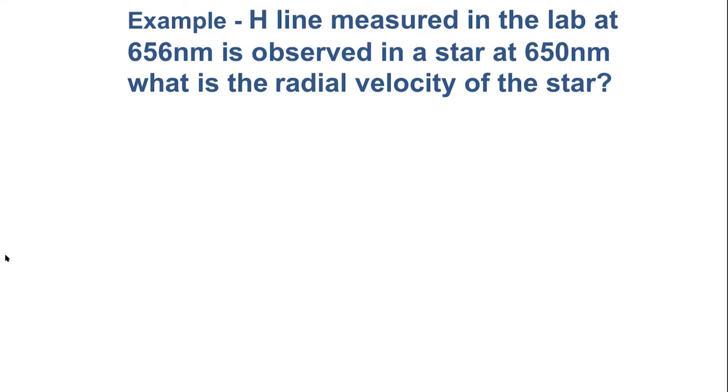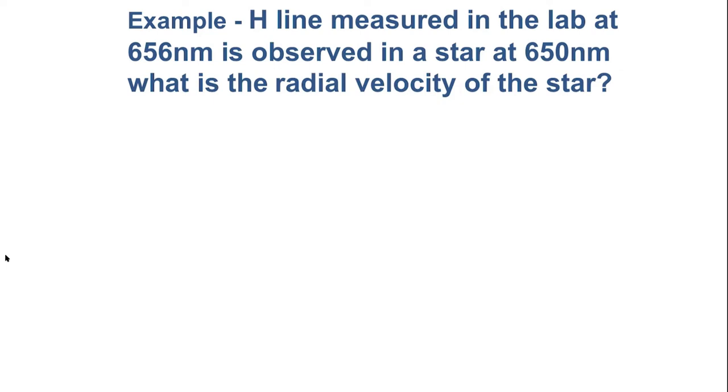We know in our lab, sometimes you'll see lambda lab instead of lambda rest, and what lambda lab means is if you had a hydrogen spectrum in your laboratory and it's not moving with respect to you because it's fixed to your lab table or something, that's the wavelength that you would see for it. So the hardest part of this equation is always going to be which is lambda obs and which is lambda rest. Lambda rest is always the one that you would expect it to be at if that object were not moving.